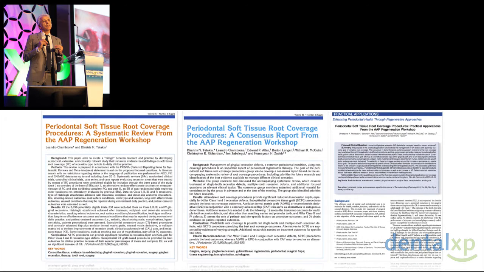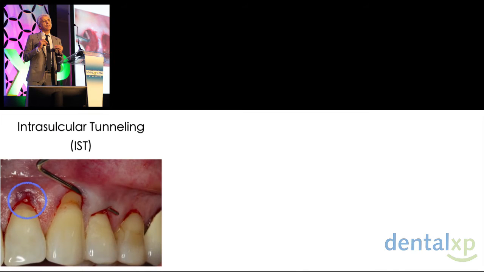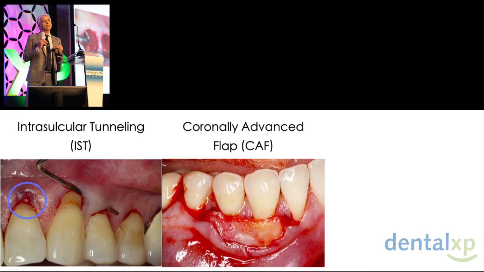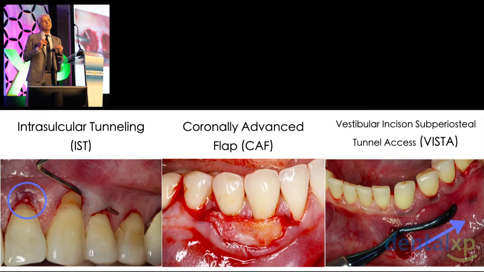of soft tissue augmentation. So there are different techniques of soft tissue augmentation, including the intrasulcular tunneling, basically creating a pouch starting from the gingival margin leading to the submucosa. There's also the coronally advanced flap, as well as the VISTA technique, which stands for vestibular incision subperiosteal tunnel access.